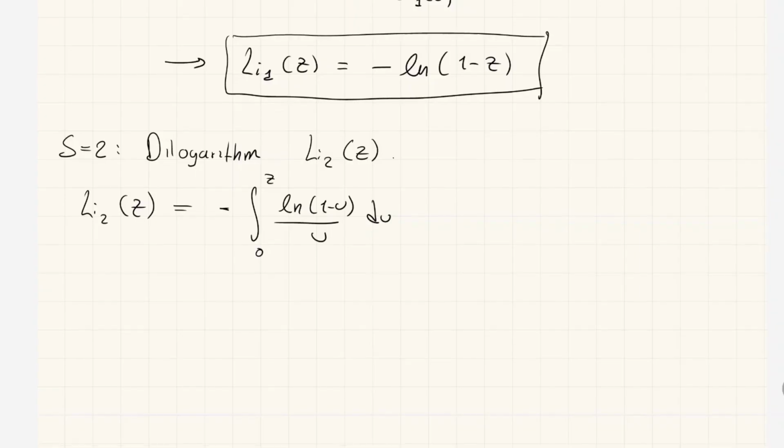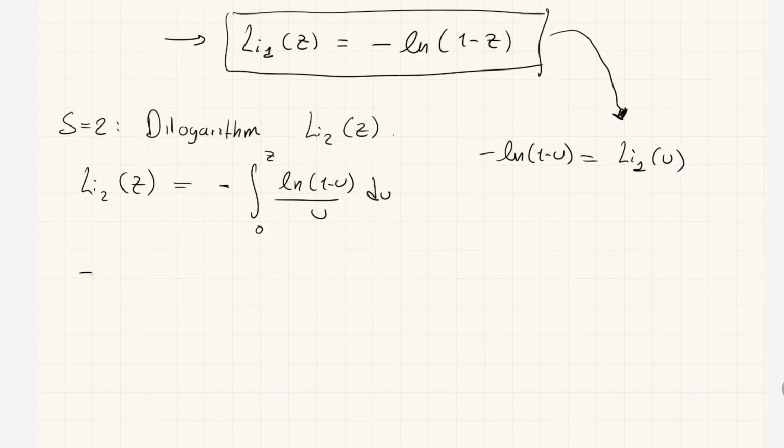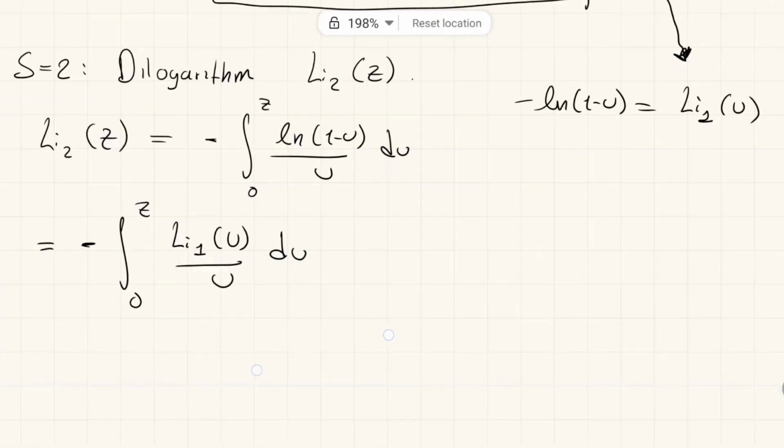But let's look that the expression negative natural log of 1 minus u is actually, by this definition that we proved, going to be Li sub 1 of u. So this is going to be equal to negative the integral from 0 to z of Li sub 1 of u over u du.